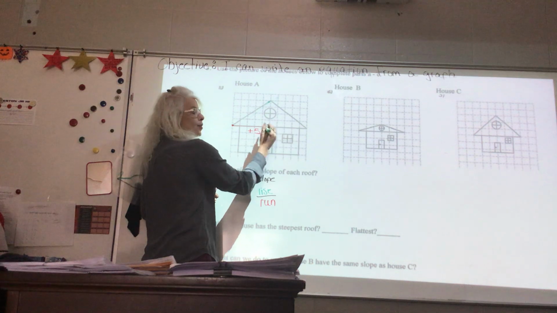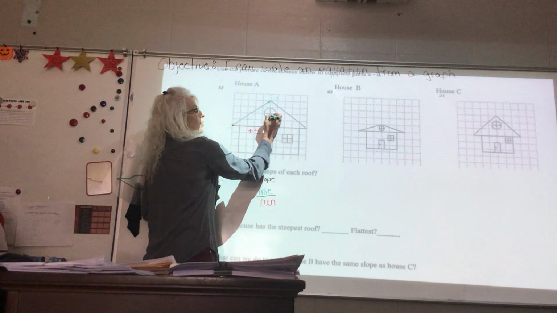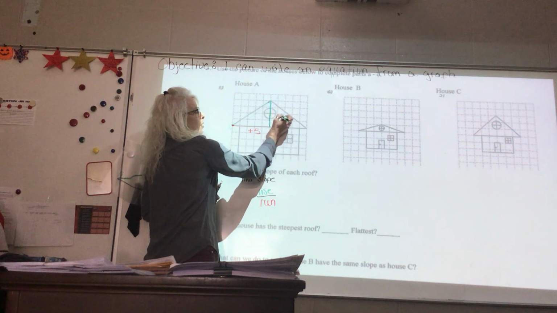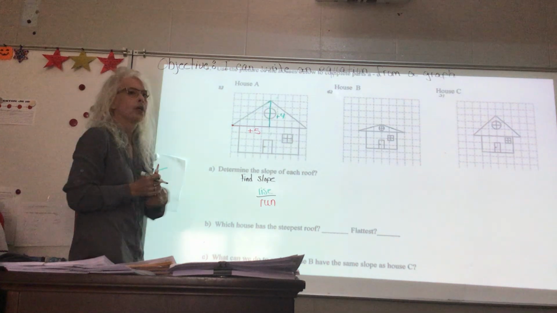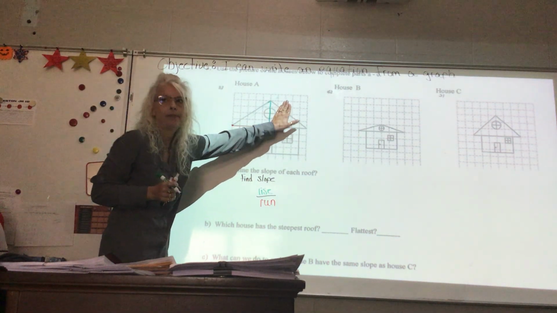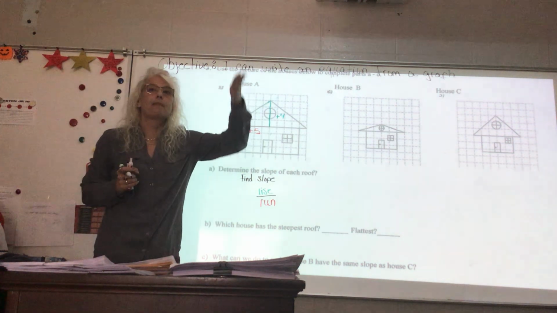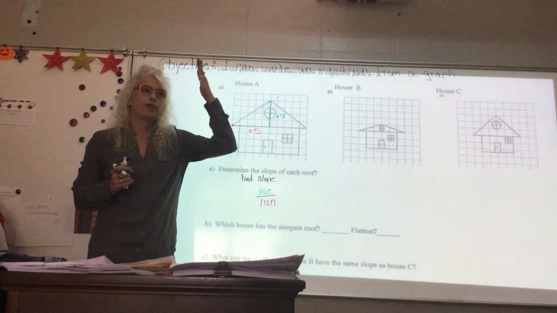Once I get to the center, then I'm going to climb up, so positive, and I have to climb up through 1, 2, 3, 4 squares. Do you see that I'm only using half of the roof? So which one is going to be my change in my vertical movement?